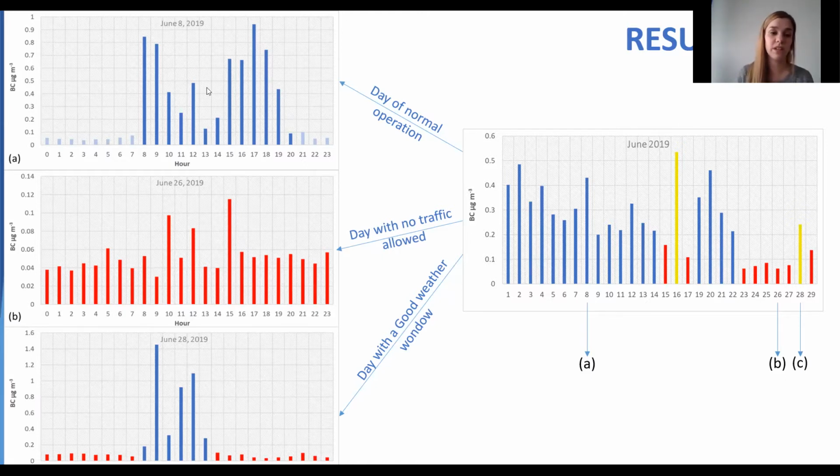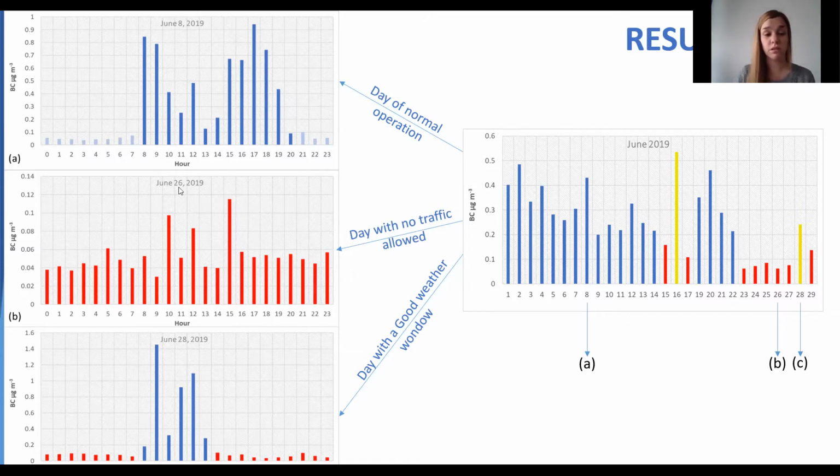And here we have the hourly means in detail for some days. For example, A is June 8th. We can see the light blue bars are the hours when traffic is not allowed during the night, usually in winter. And we can see how the levels rise during the hours when the traffic is allowed.